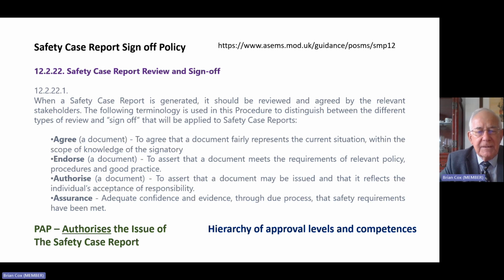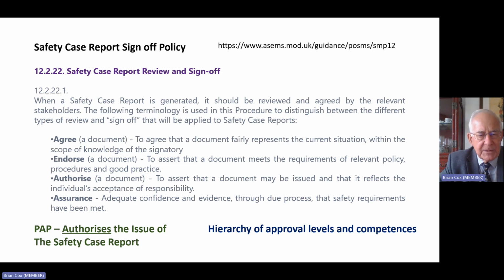In other words, he says this report may be issued and sent out to the building safety regulator. But on the way, you may have APs who have submitted parts of that document and they will endorse their own document, but they're definitely not going to authorize the whole thing.